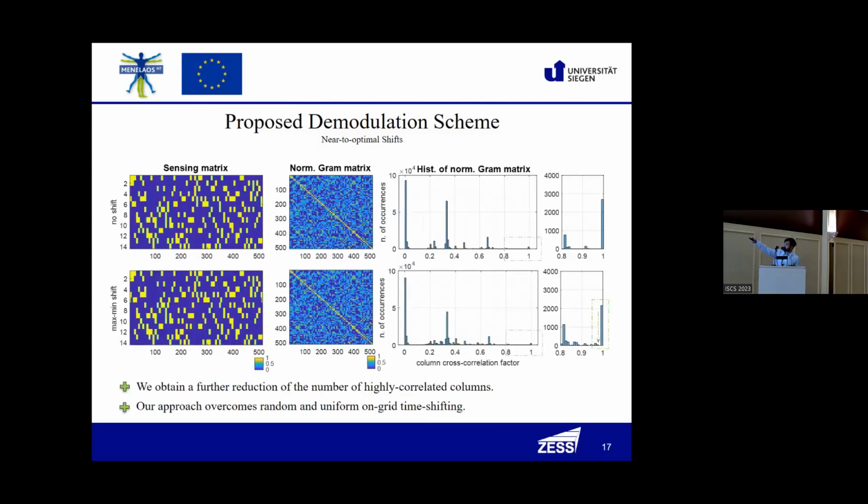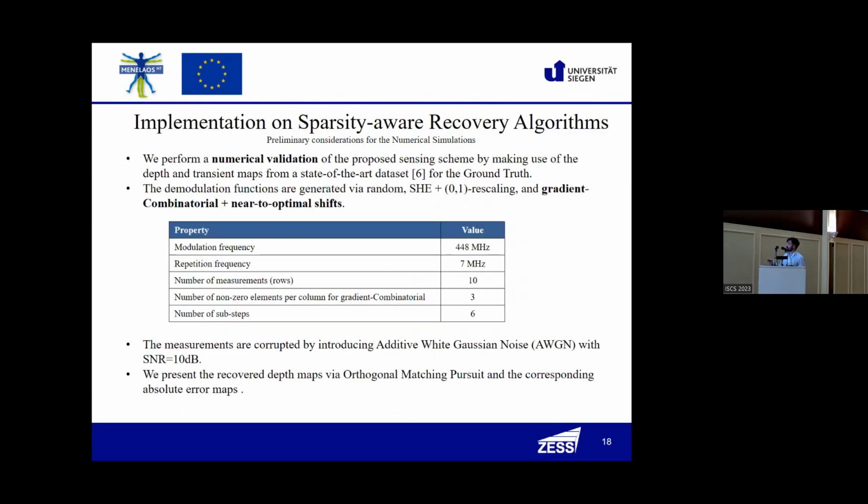Here, the first row is the no-shift sensing matrix, and the second row is the sensing matrix with our shift. You can see that the number of highly correlated columns is reduced. So, a pretty good result.